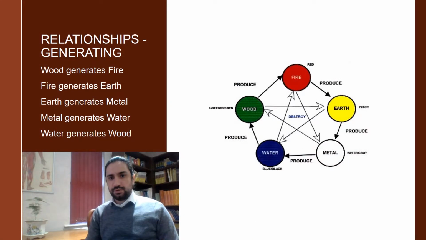As we carry on discussing the interactions between these 5 elements, we can focus on 4 particular types of relationships. The first one is that of generating.